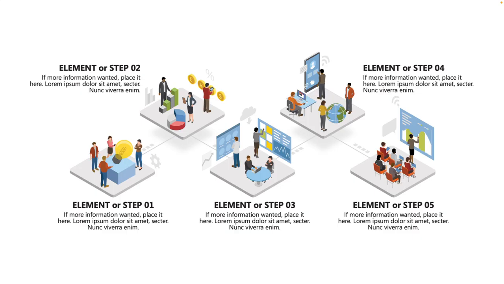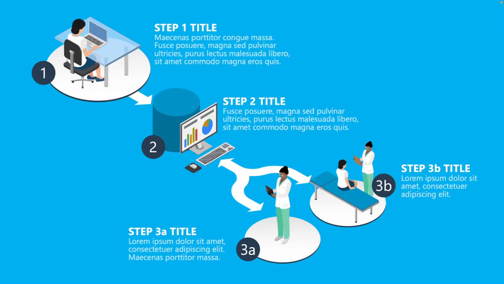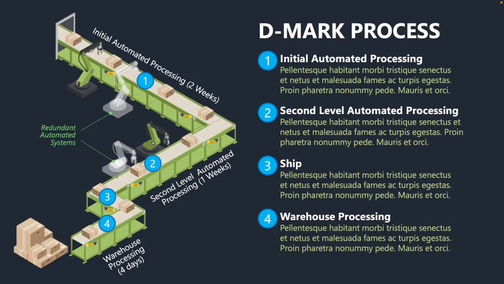We have this massive library of what's called isometric graphics, which are modular and can be used to tell an incredible story, to help contextualize our content and tell a story that is easier to understand and recall.